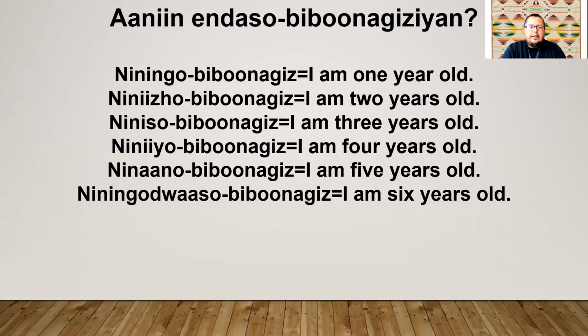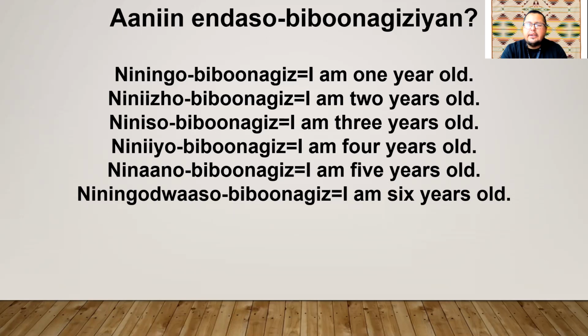Next one we have Neningo-dwaso-biboonagiz. Neningo-dwaso-biboonagiz, I am 6 years old. And this is my specialty right around this age. I teach children around 5, 6, 7, 8 years old in the elementary school, and I love this age of school age kids because, like I said, their brains are fresh and they're little sponges, and they take in our Ojibwe language real well.